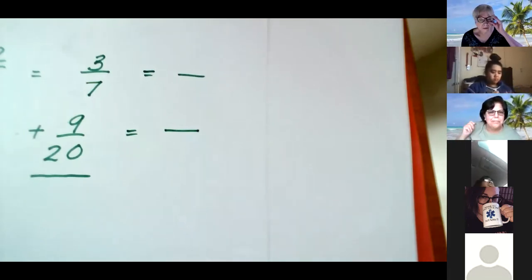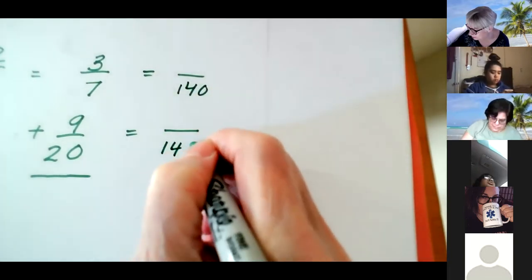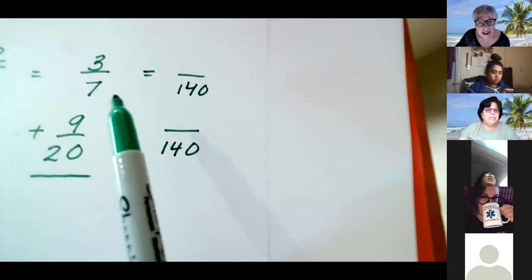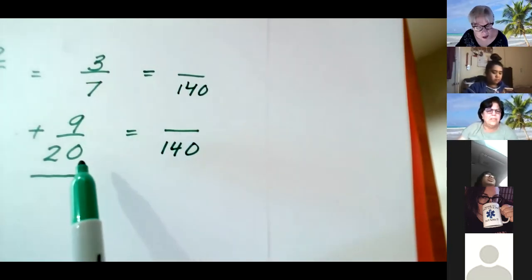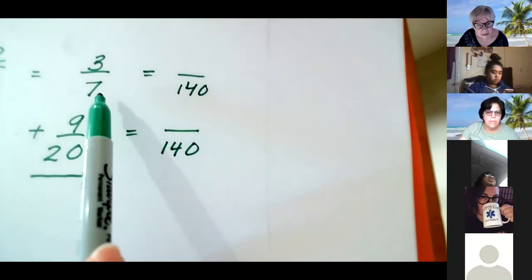Just thought, 7? No, 9. 140. Ah, now we're hitting it. It is 140. And so it ended up being the product of these two. And the reason is this was prime 7, right?